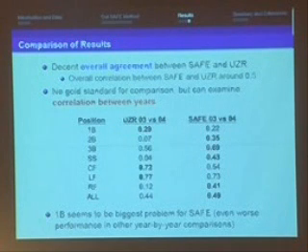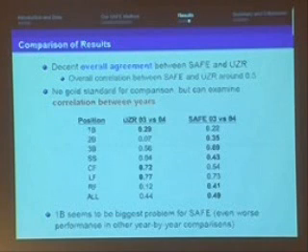We can also look at correlation between years to see if we're at least capturing signal that is consistent for a player across years. That's obviously confounded if a player really does change over time, then what are we measuring here? I don't even know. But anyway, comparing UZR and SAFE, we seem to do better for most of the infield positions and a couple of the outfield positions. We do not so well for first base. First base seems to continue to be somewhat of a problem for us, but we're still working on that.